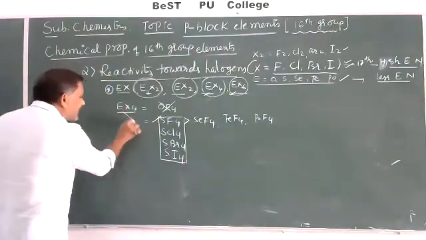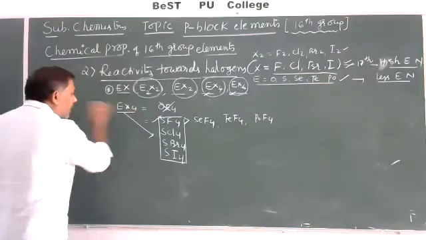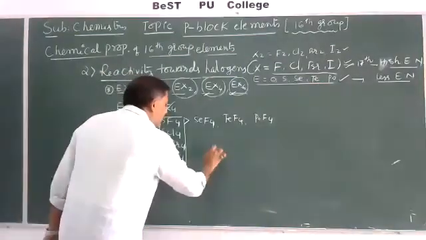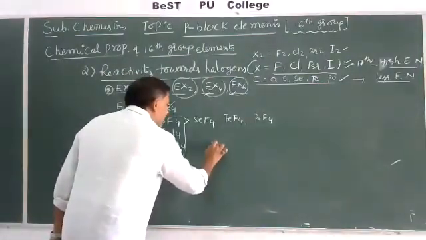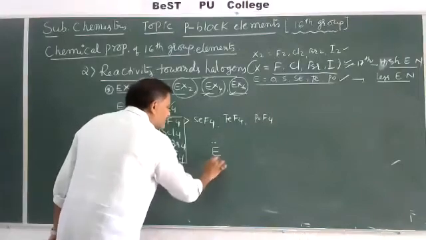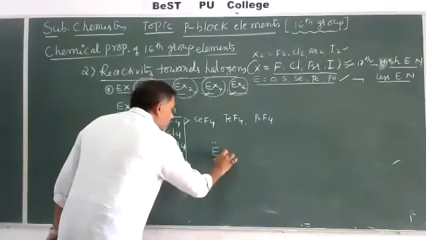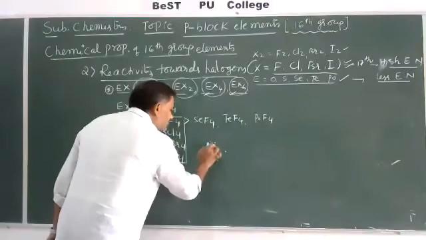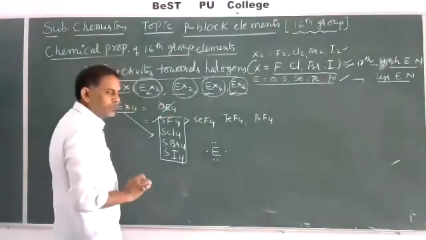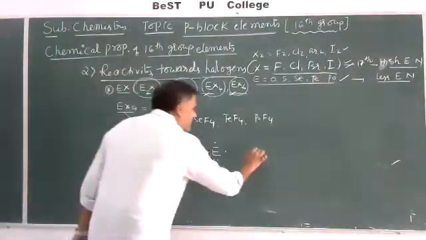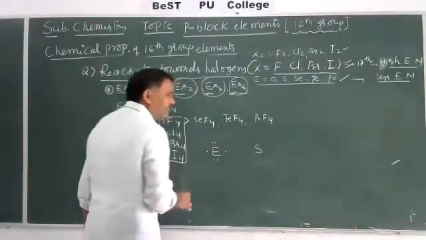Now it is like this model. Around the element E, the 6 valence electrons are there. Out of 6 valence electrons, 2 are unpaired electrons and the remaining 4 are two lone pairs. Now here the element is S maybe.